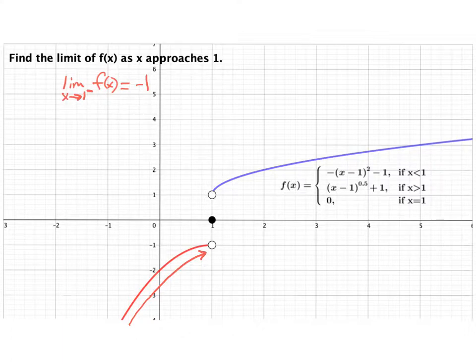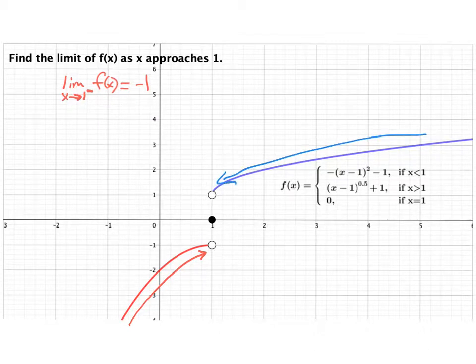Now let's take a look at the right side limit. For the right side limit, we're looking at values of x that are greater than 1, or coming from the right. We're approaching x equals 1 from the right side. So this would be our right side limit over here.